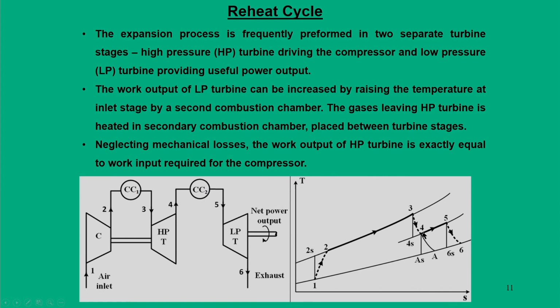Again, when you do the reheating, the reheating has to take place up to the maximum temperature. So the reheat process is, we say, complete when T3 becomes T5. Normally reheating takes place until we get the upper limit of the temperature, that is typically T3.